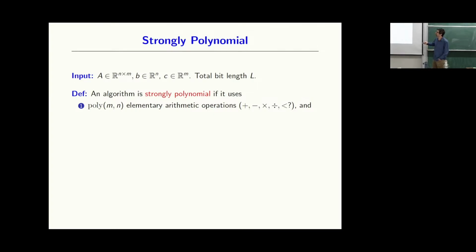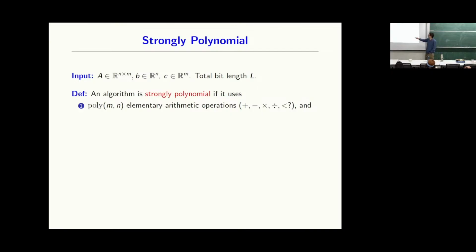What you want is a method that takes a number of basic operations that is polynomial in just the dimensions of the problem. And the basic operations here are just basic arithmetic.